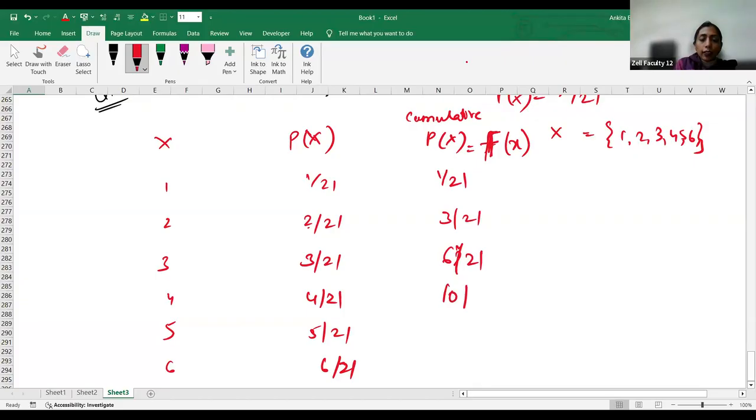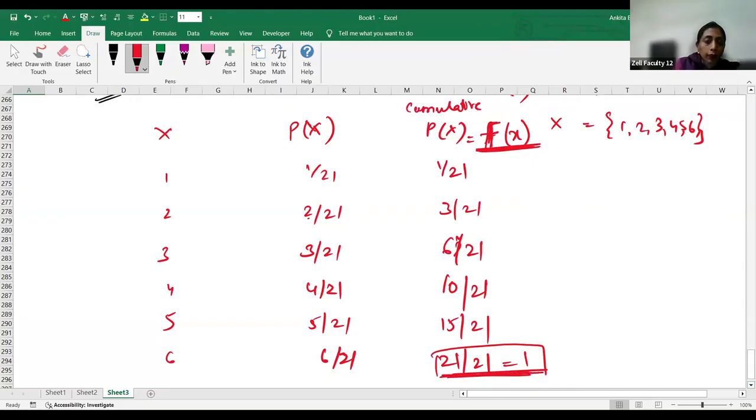I'm adding, so I get 15 by 21 and this would be 21 by 21. Every time I do the cumulative probability, the last item will always be equal to 1. This is the ground rule of probability. And it is denoted as F of x, where F denotes the cumulative.